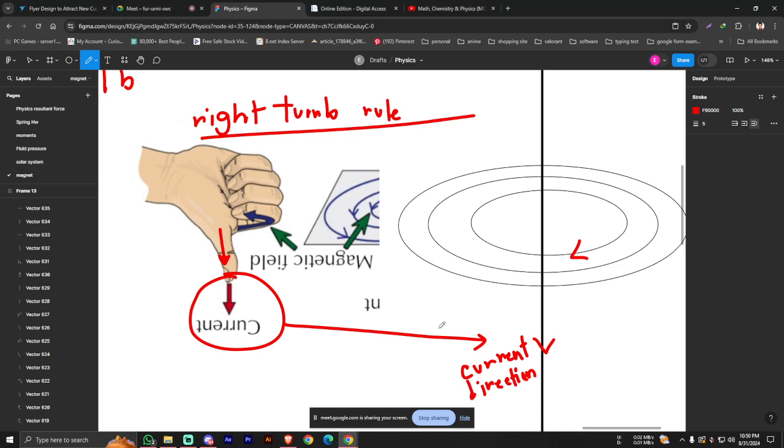So I have my right thumb, and it's in clockwise, right? Do you understand why it is clockwise? Because if you move the thumb in downwards, the fingers are moving in a clockwise direction, right?